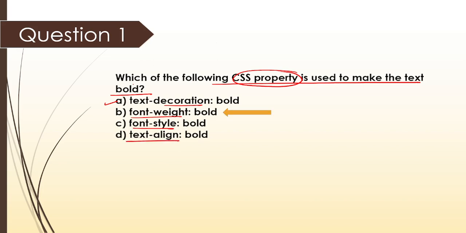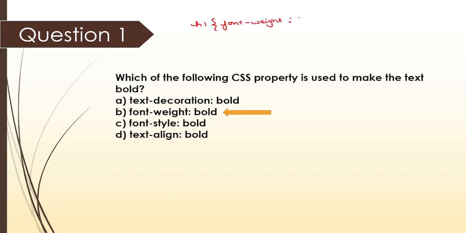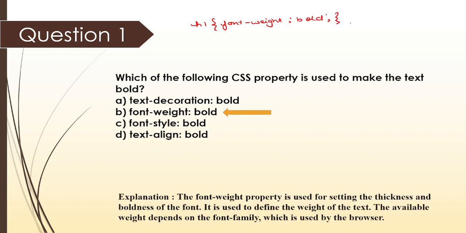Correct answer here is option B, that is font weight colon bold. So this is the correct answer. Let's say I want my heading 1 in bold, so I will write it as H1 font weight colon bold. Okay, you can see the description here.